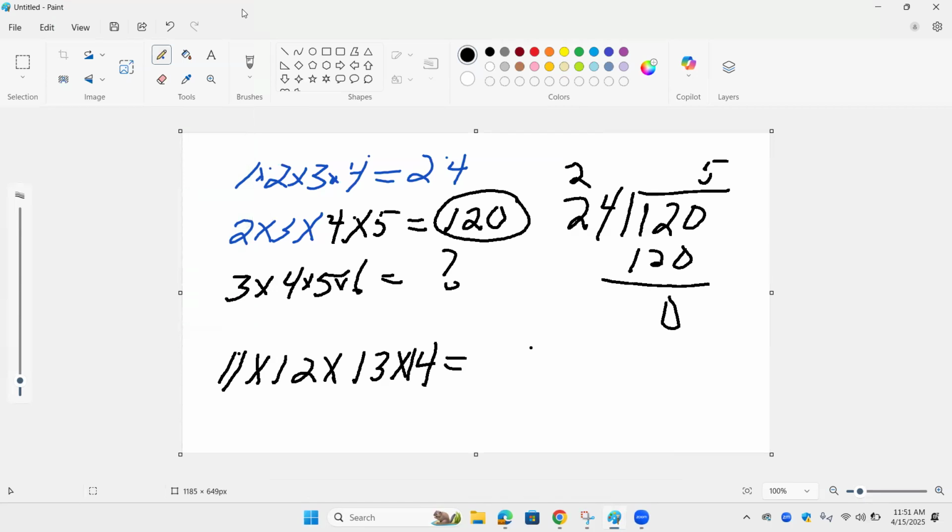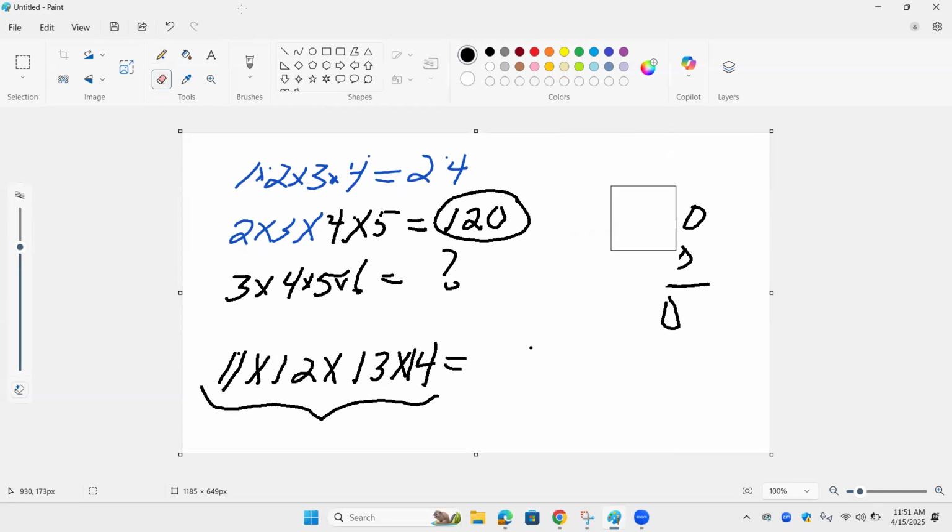Well, and why 24? So the problem says that there's going to be four numbers. Let's just get that. Let's examine 24.